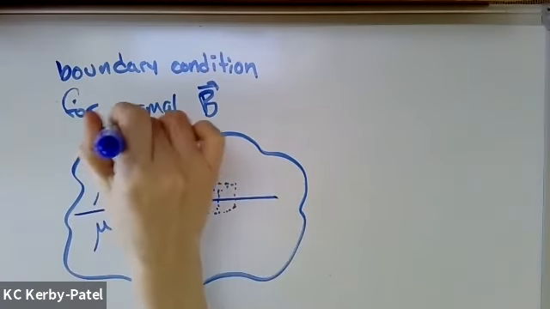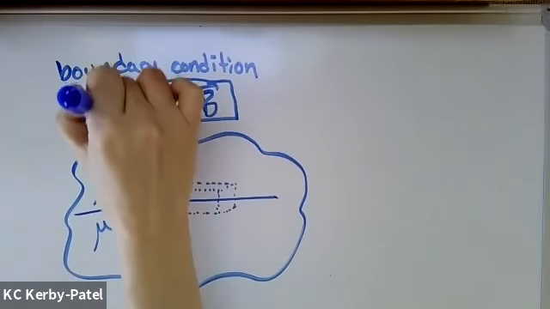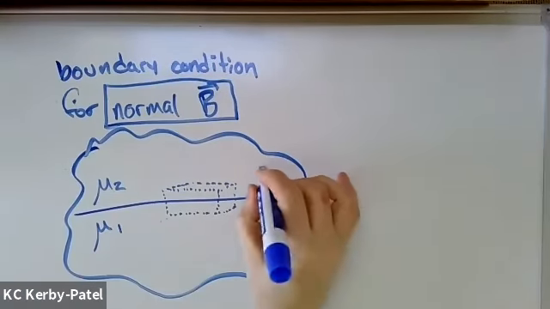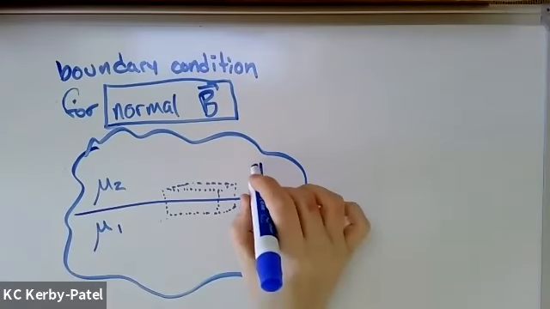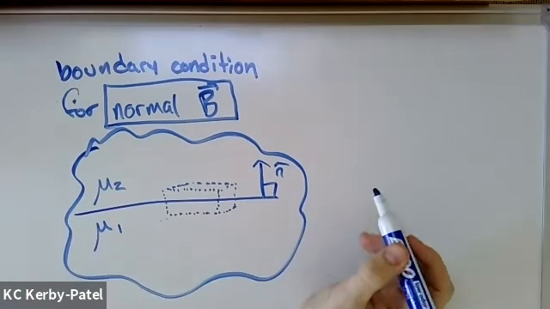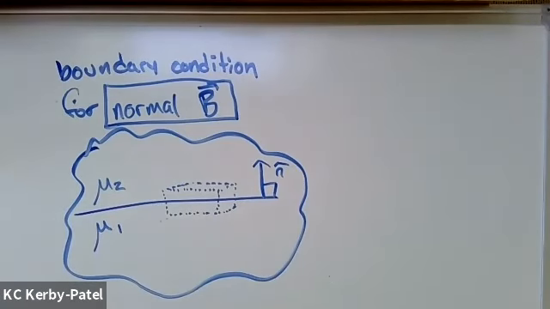We're going to talk only about the normal component of B, right? So the surface normal vector is going to point in that direction. Later on, we're going to talk about the tangential components, but you use a different law to derive that one.